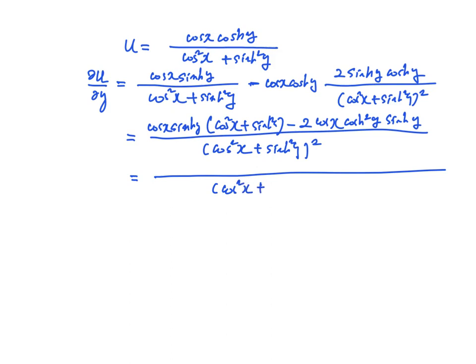Cosine square x sine hyperbolic square y square, cosine cube x sine hyperbolic y, cosine x sine hyperbolic square y minus twice cosine x cosine hyperbolic square y sine hyperbolic square y.